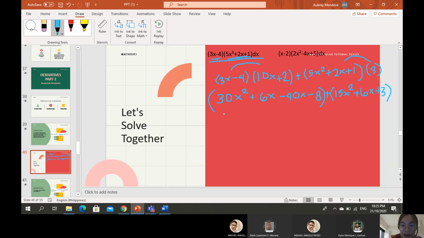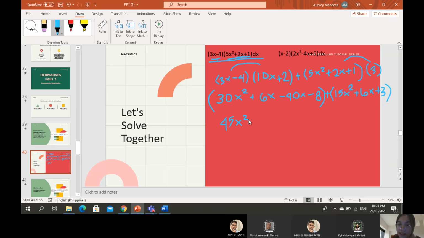So when simplifying, we just need to combine the like terms. So 30x squared plus 15x squared is equals to 45x squared.